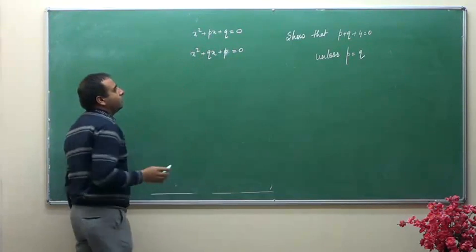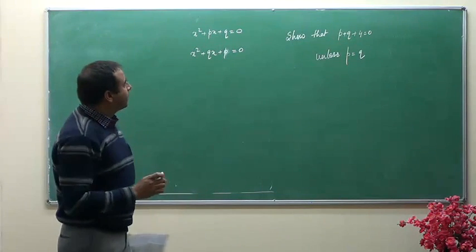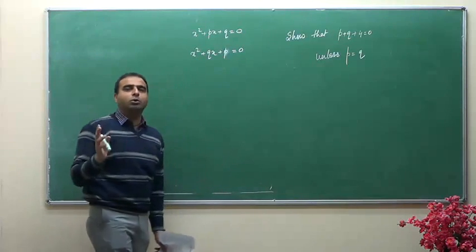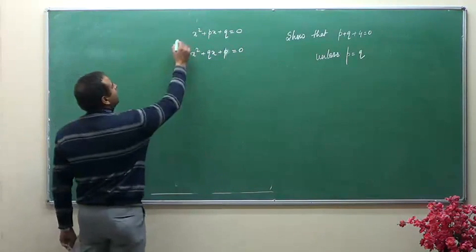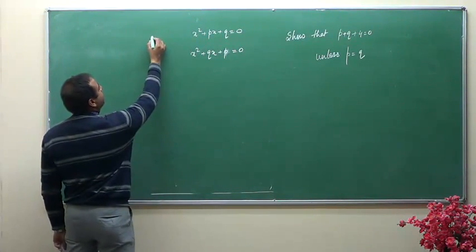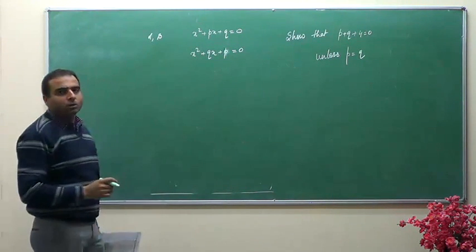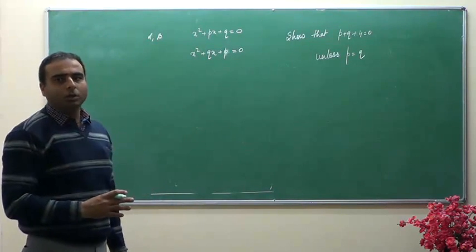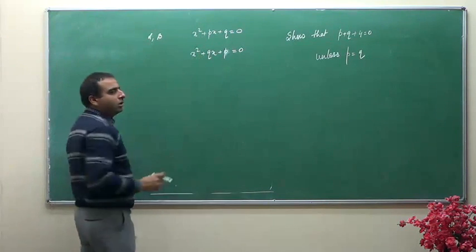Now if we have to establish a relation between P and Q from both equations, there should be some common term, a common thing, so that we can build a relation between the two quadratic equations. For this purpose, we will assume that the first equation has the roots alpha and beta. In order to form the relation between P and Q, there should be some common thing between these two equations, and the common thing is the difference of roots.